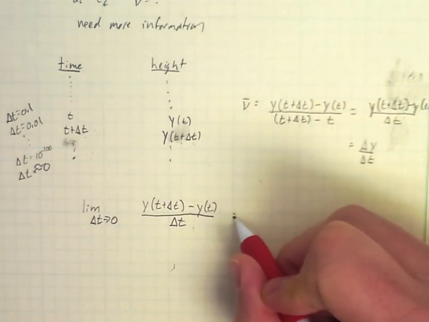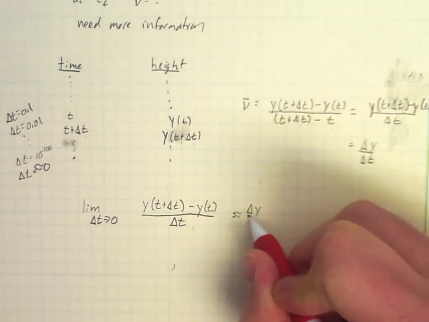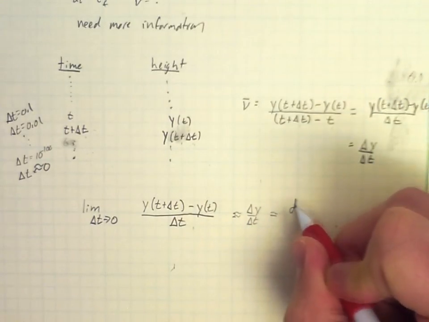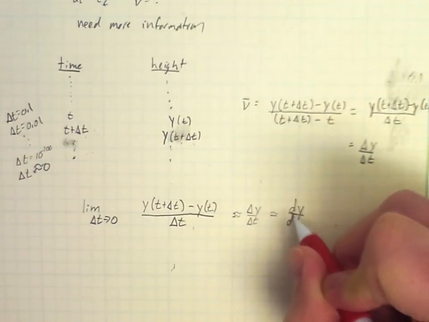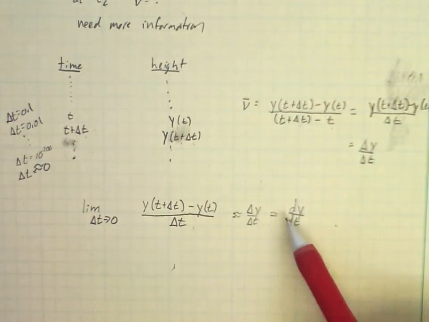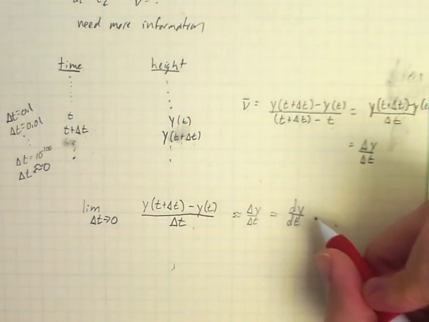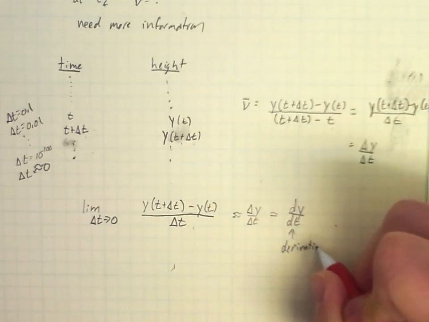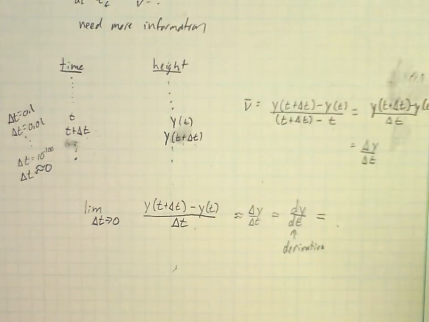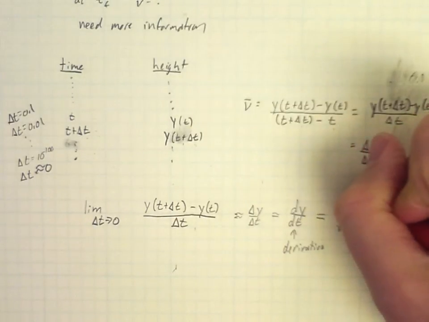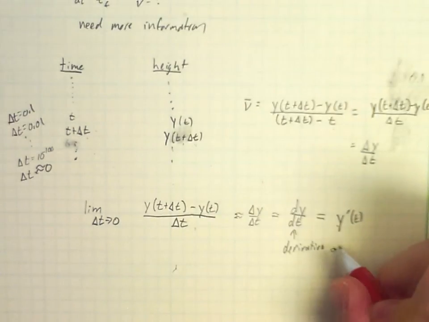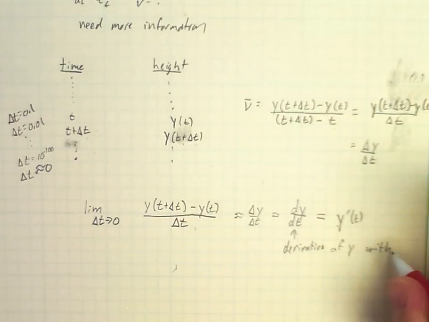We know this is similar to delta y over delta t. As that goes to 0, we give that expression dy over dt as the change at an infinitesimal time, and we call that the derivative. We also sometimes notate that with a prime mark: y prime of t is another way we write the derivative. So this is the derivative of y with respect to t.